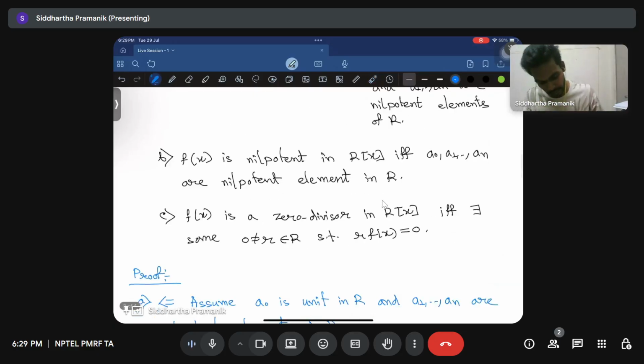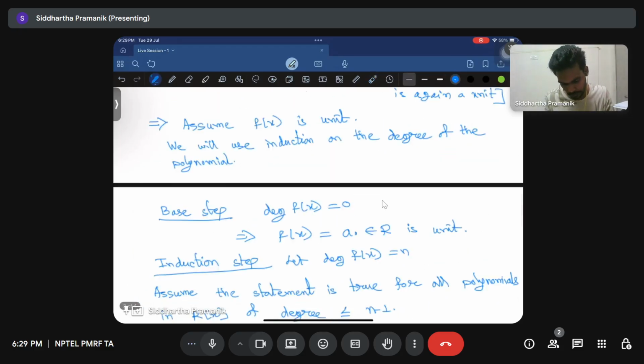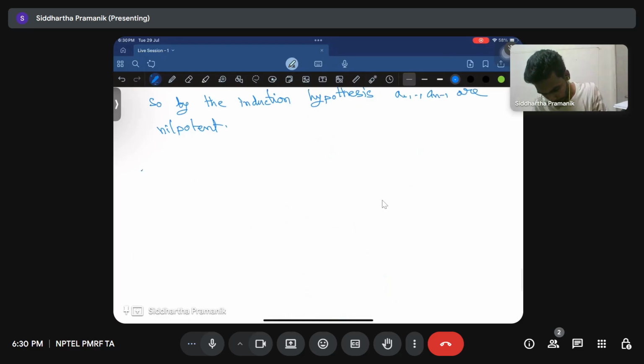Now about the nilpotent element. A polynomial is nilpotent if and only if all its coefficients are nilpotent. So let's see the proof of this. So first I will prove the reverse implication. So let a0 up to an all be nilpotent. So then ai x power i is also nilpotent, right?